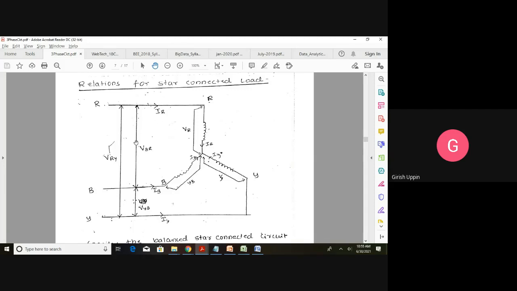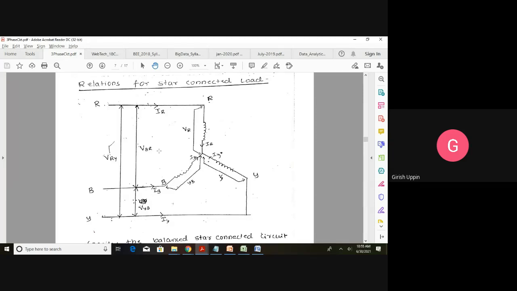This is how you have to draw the diagram, and make sure that you take it in a sequence. The sequence is R followed by Y and followed by B. Whenever you are representing these quantities, RYB is the sequencing. So RY, YB, and BR. That is how you represent the line voltages.